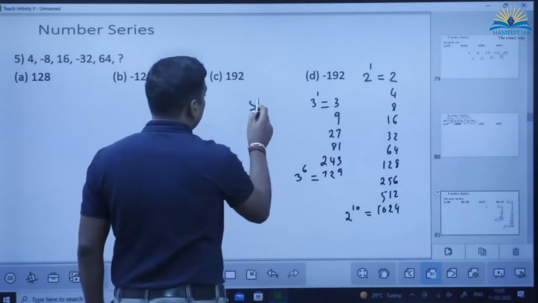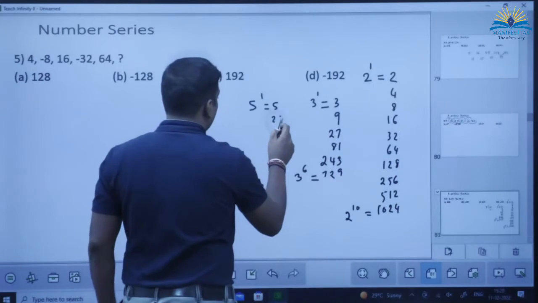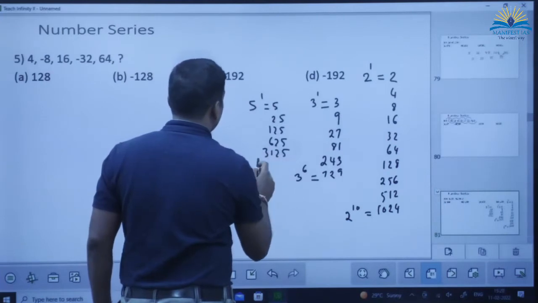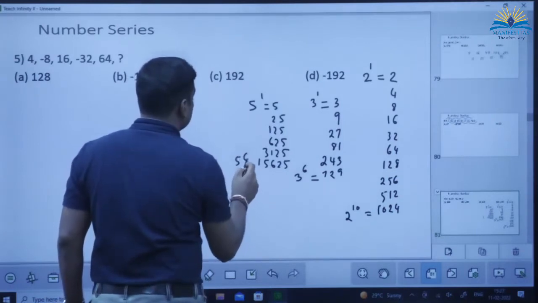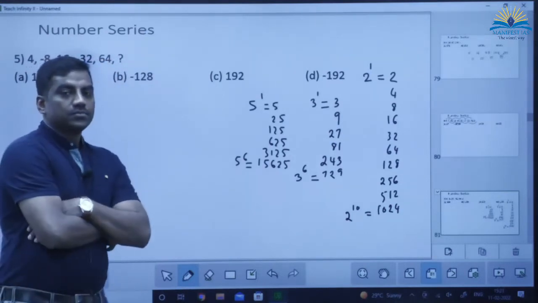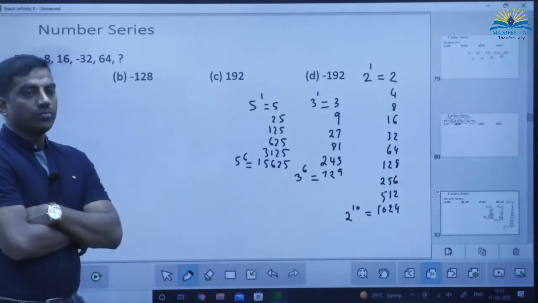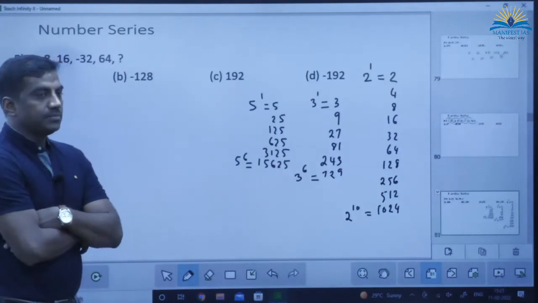Then even 5. 5, 25, 125, 625, 3125, 15625. This is nothing but 5 to the power of 6. They are going to help you one or the other way.